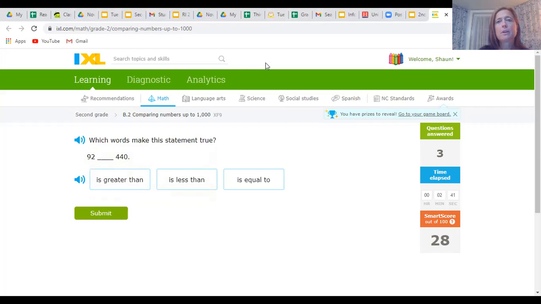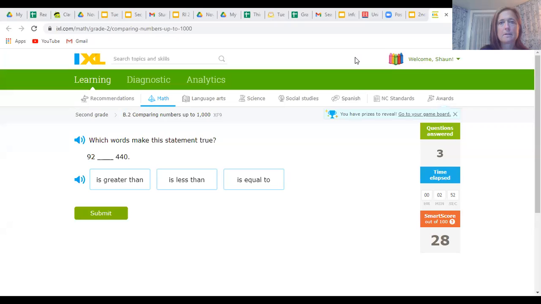Okay, so for this one, I would like to get my pen back. All right, now remember, is greater than is this symbol, less than is this symbol, and of course equal to.